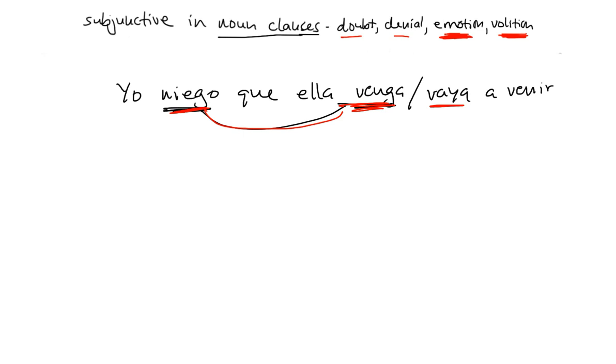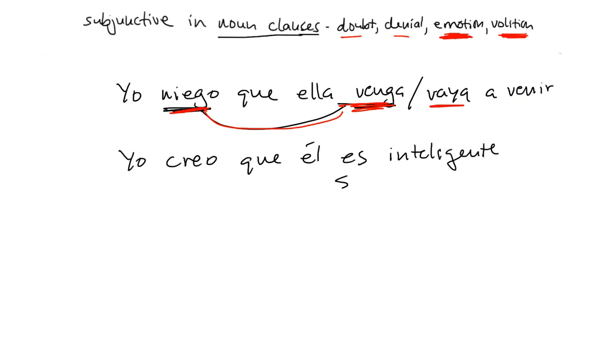Let's try the next one. I believe he is intelligent. Yo creo que él, what do we want? Es or sea? Es is indicative, sea is subjunctive. If you're pretty certain of this, then it would be es inteligente. But if you have some doubt about his intelligence, then you'd use the subjunctive sea. Okay?